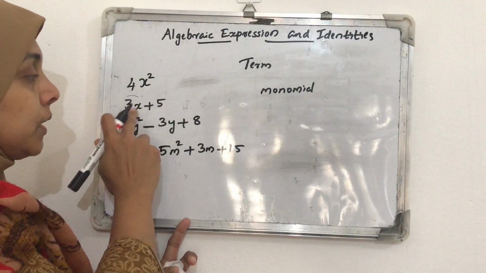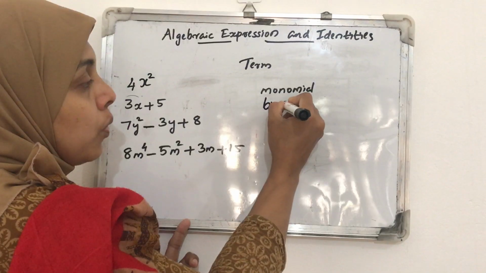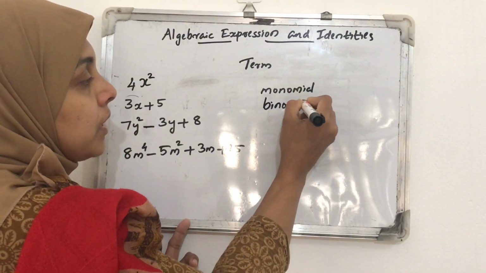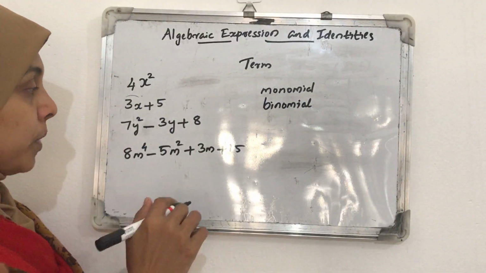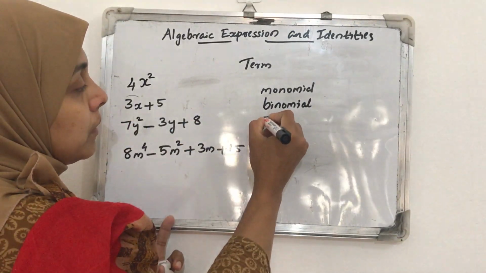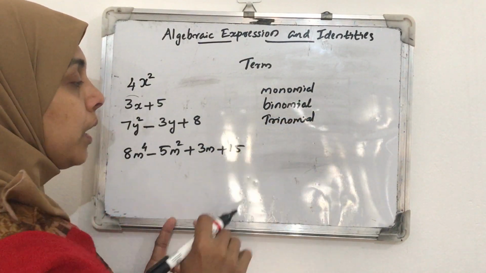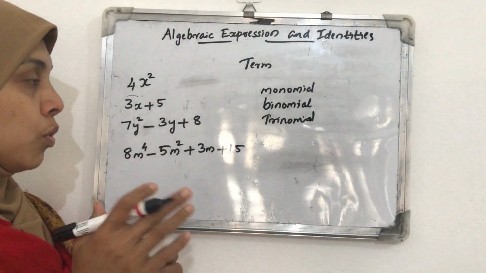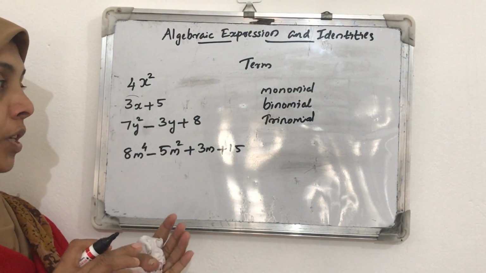In this case, it has two terms, so we can call it binomial. So an algebraic expression containing two terms is called binomial, and if it has three terms, it is called trinomial. Okay, trinomial.